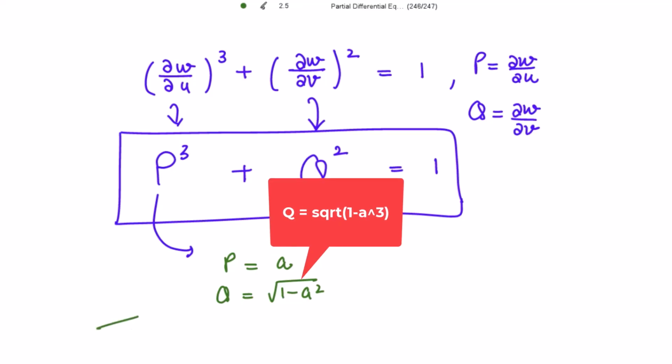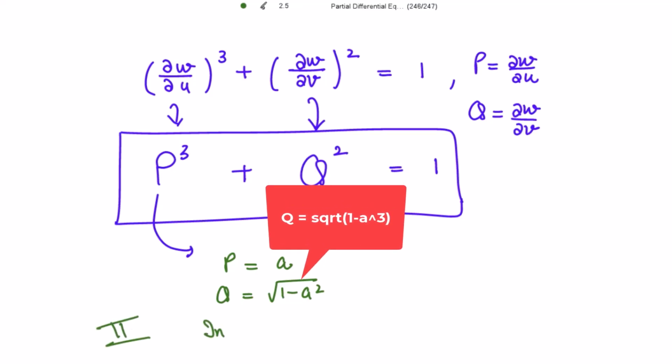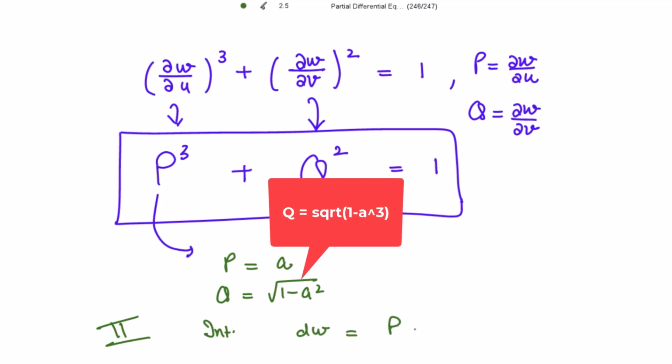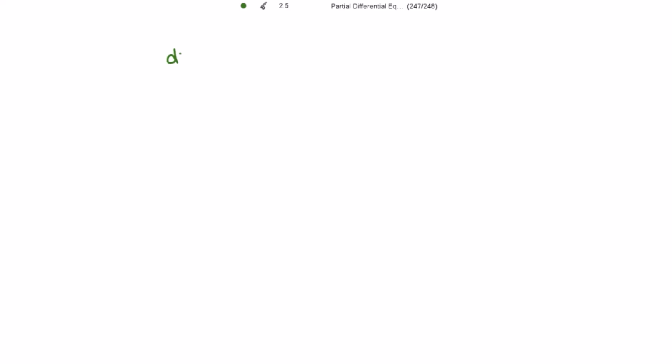And now our second step is to integrate what equation? dw to be equal to capital P du plus capital Q dv. So putting the values of P and Q, it is a du plus the square root of 1 minus a² dv, and now integrating.